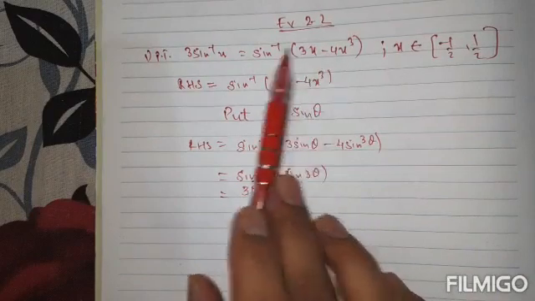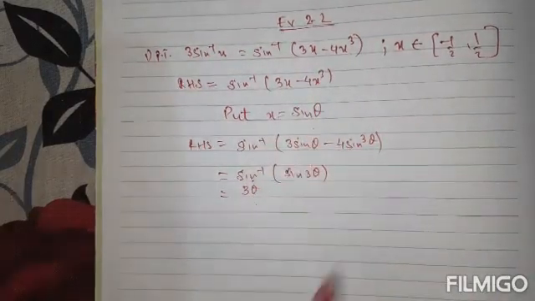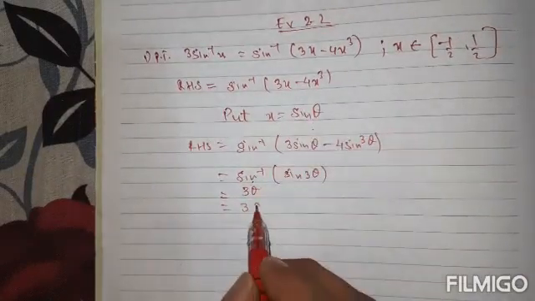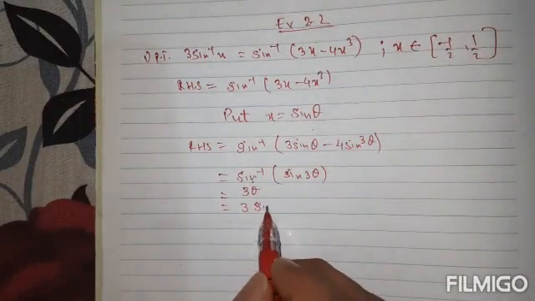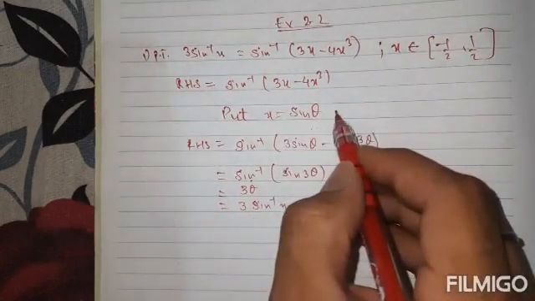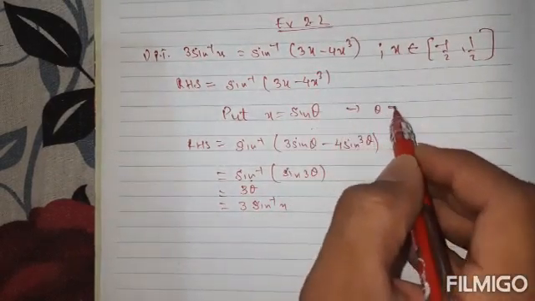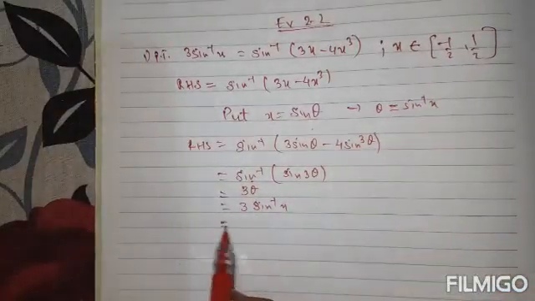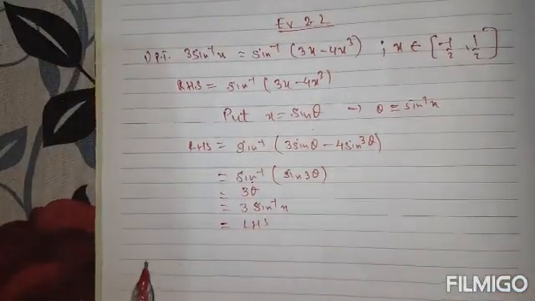We must get our answer in terms of x. Theta was introduced by us, so we replace theta: if x is equal to sine theta, then theta is equal to sine inverse x. So this is equal to the LHS which was given.